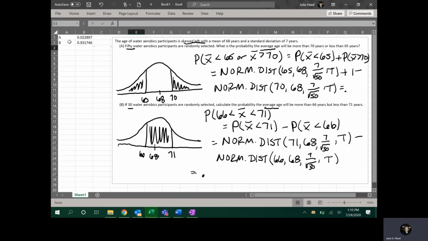As I said at the beginning, the main reason to do this was to indicate that just because it says skewed, that's okay. Also to let you see that in part A and part B, the n can change and the standard deviation, or the standard error of the mean, can change, that is okay.